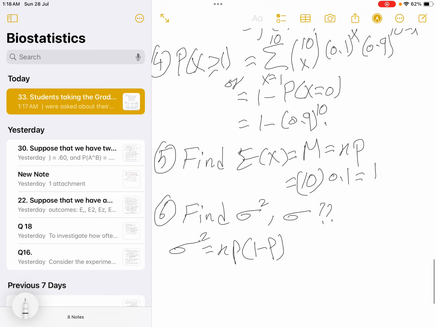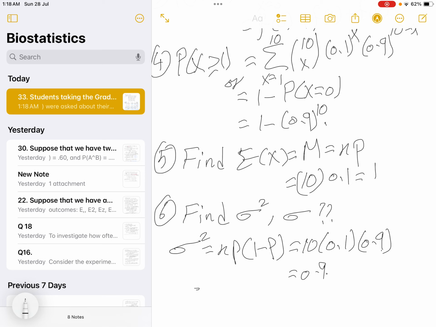Here you will have n 10 multiplied by 0.1 multiplied by 0.9, which gives 0.9.